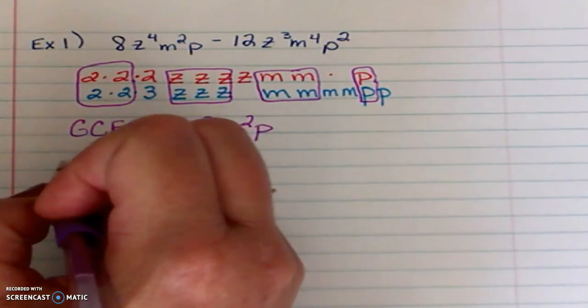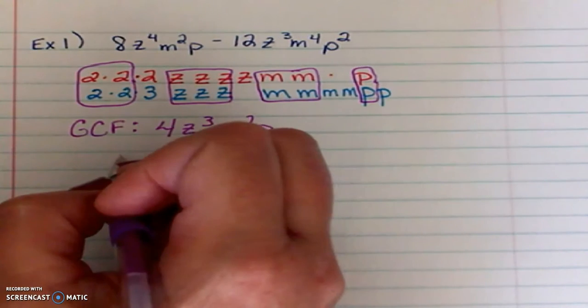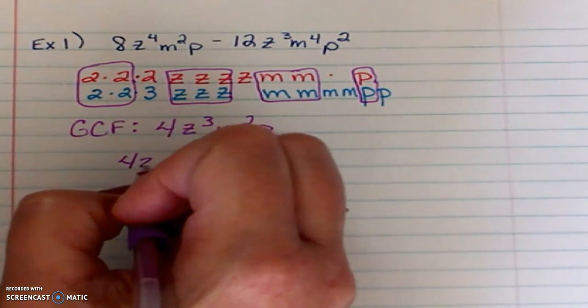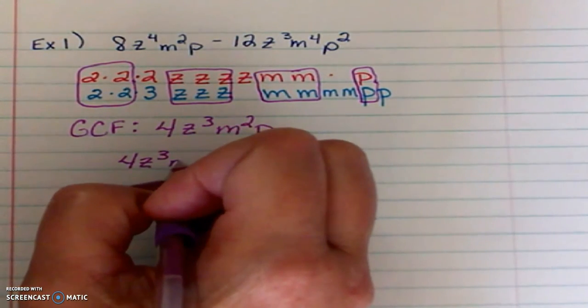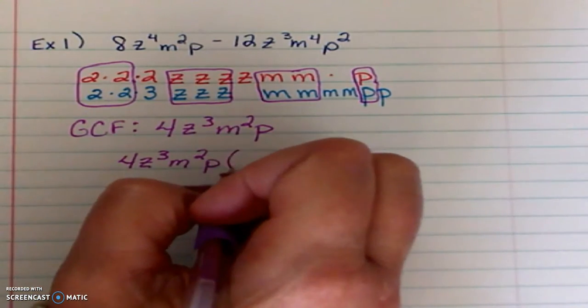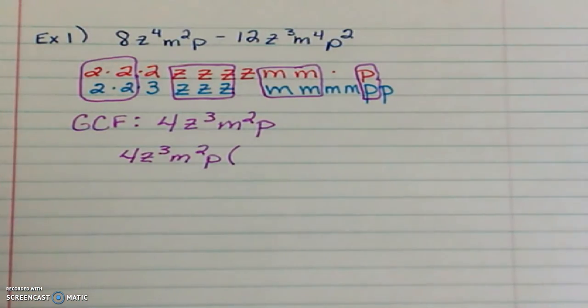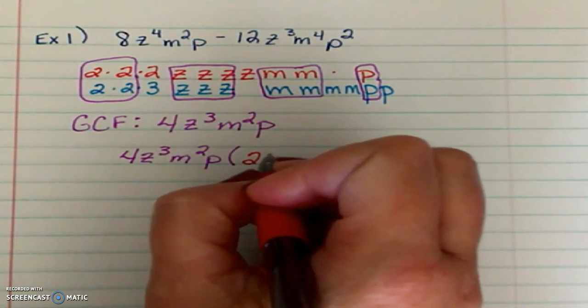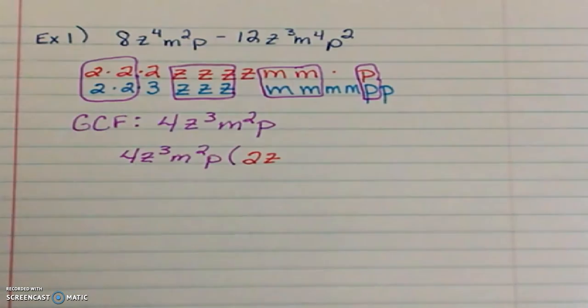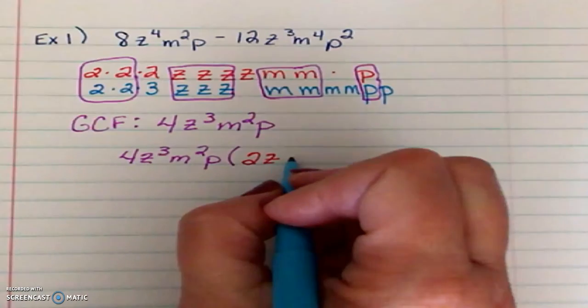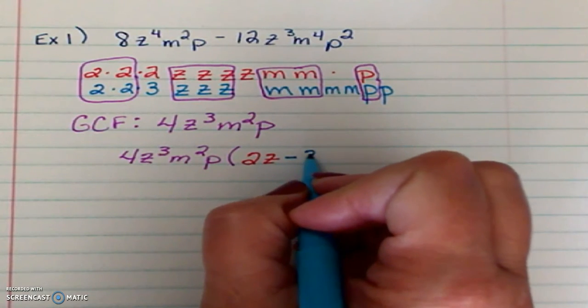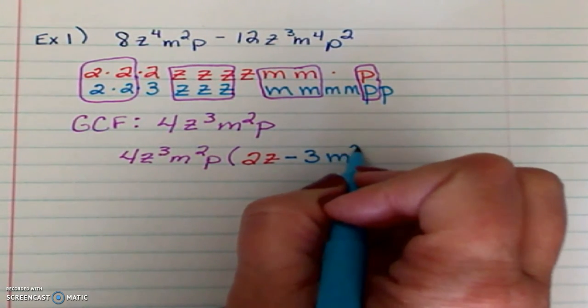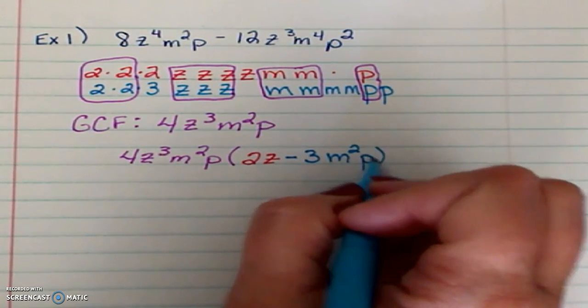Now lesson 35 is going to say factor out the greatest common factor. So if I factor out the greatest common factor, what you are left with is, in the first term, a 2 and a z, and in the second term, there's a minus sign there, you are left with 3 m squared and a p.